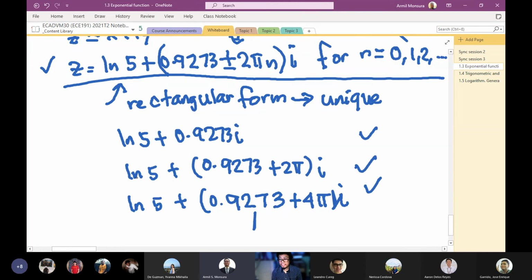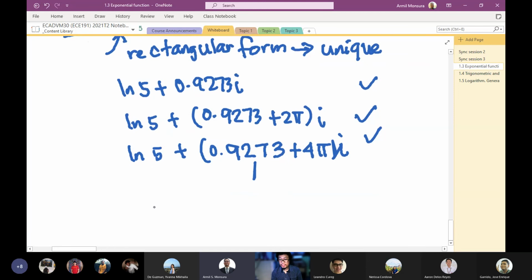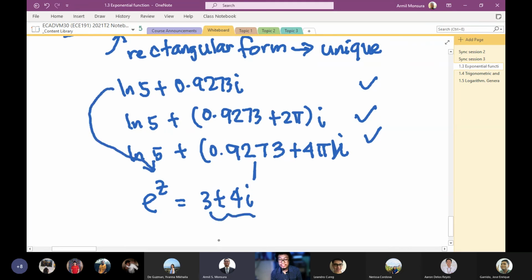It means this number is different from this one and it's different from this one. But if each of these numbers is substituted to the original equation, pag itong number na to, for example, sinubstitute nyo dito, it should result to 3 plus 4i. In the same manner, kahit itong number na to, ang isubstitute nyo dito, again, these two are different numbers.